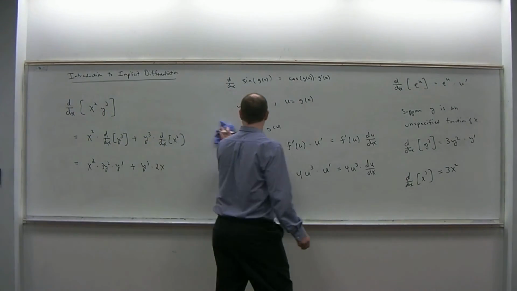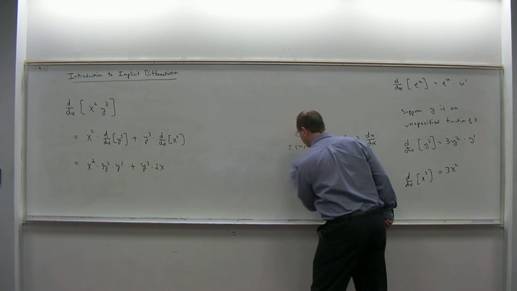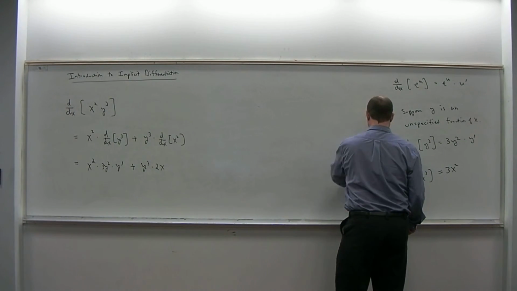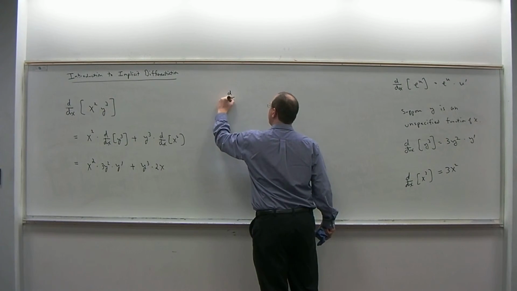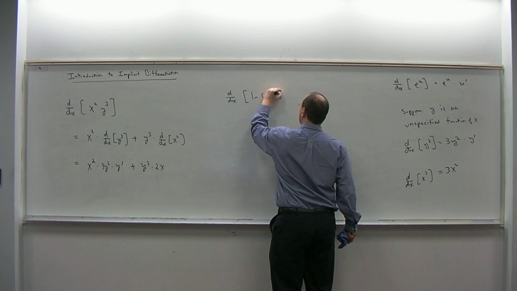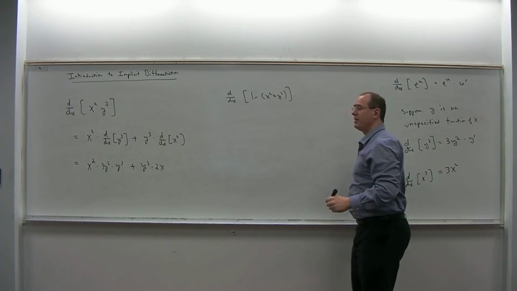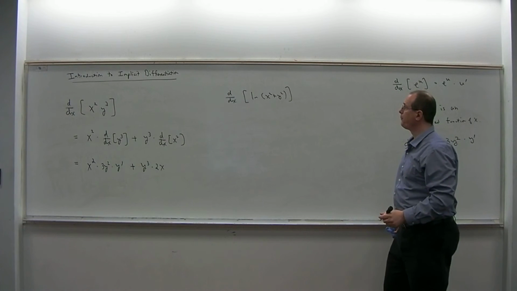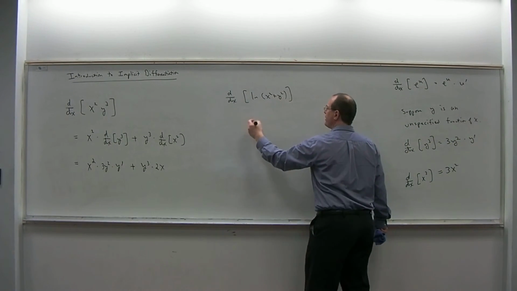Let's try one more. What about the derivative with respect to x of the log of x squared plus y squared, where y is a function of x? So first we have to use the chain rule because we have the log of an inside.